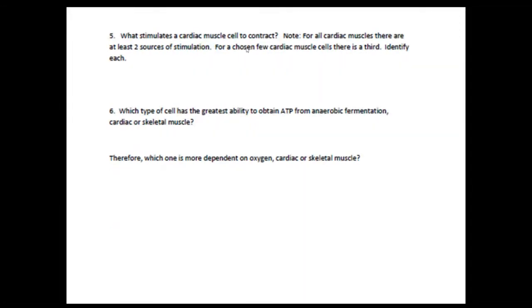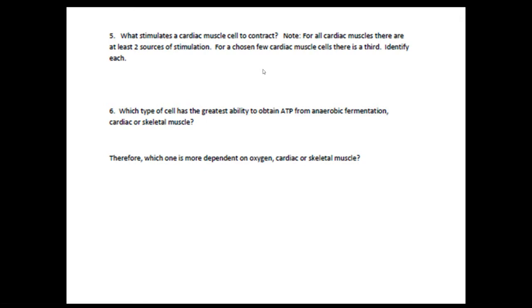Cardiac cells, however, can be stimulated to contract by several sources. One, of course, motor neurons can cause them to contract, but they can also be stimulated to contract by action potentials they receive from other cardiac muscle cells.